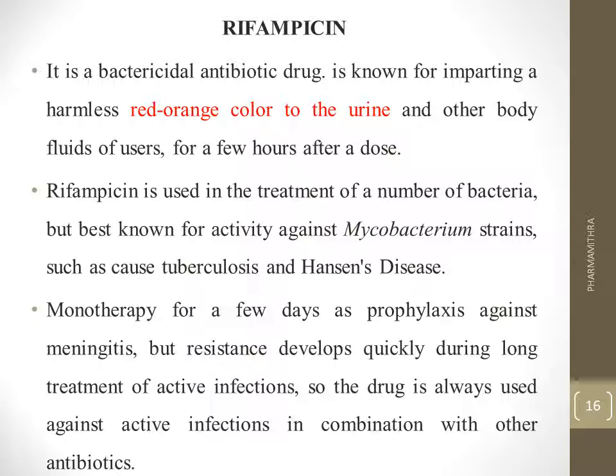It is a bactericidal antibiotic drug. Monotherapy with rifampicin for a few days as prophylaxis against meningitis is sometimes used, but resistance may develop quickly during long treatment of an active infection. So this is used in combination with other antibiotics.